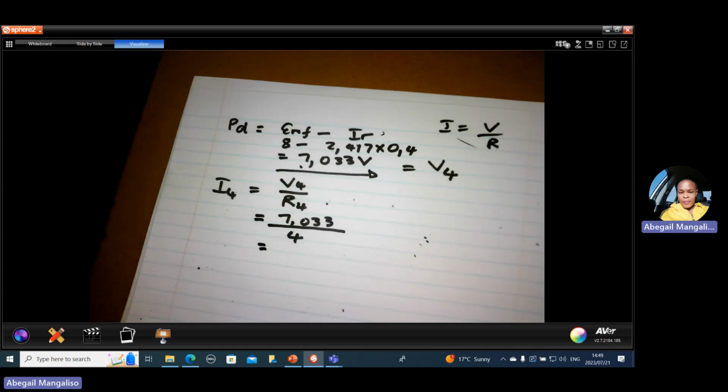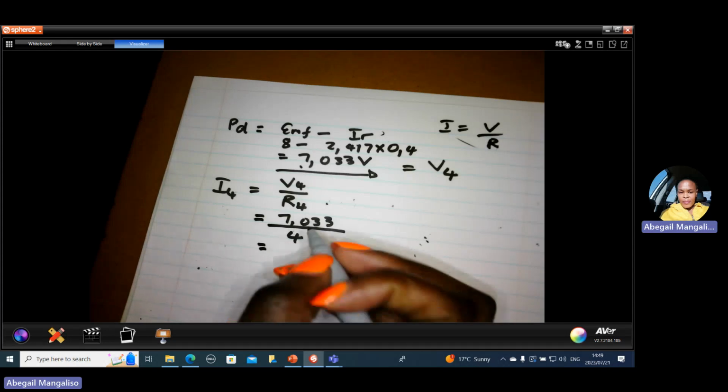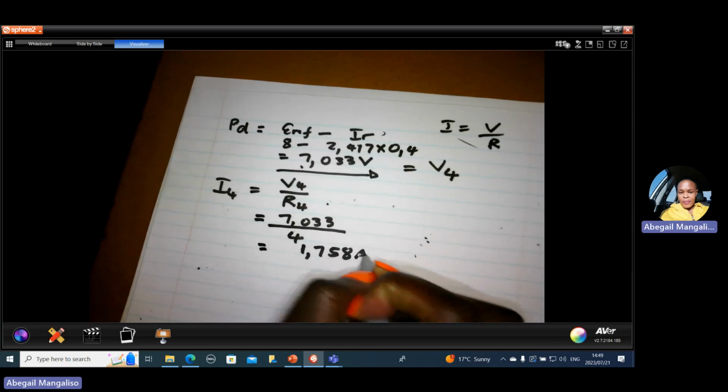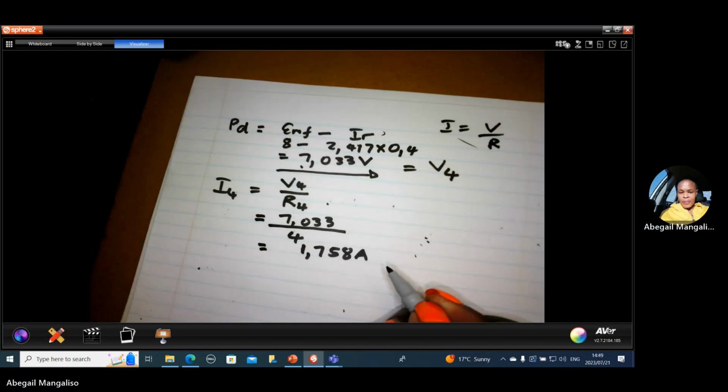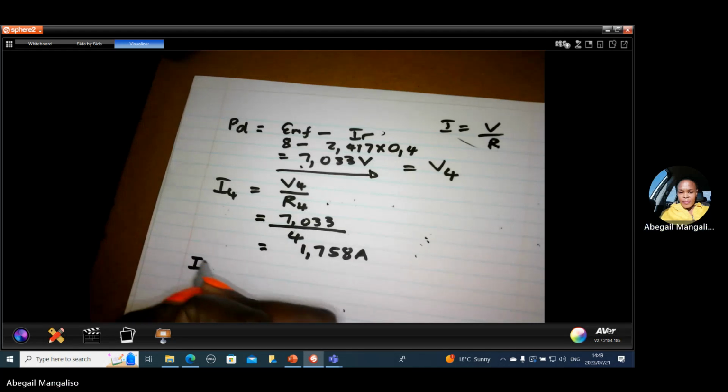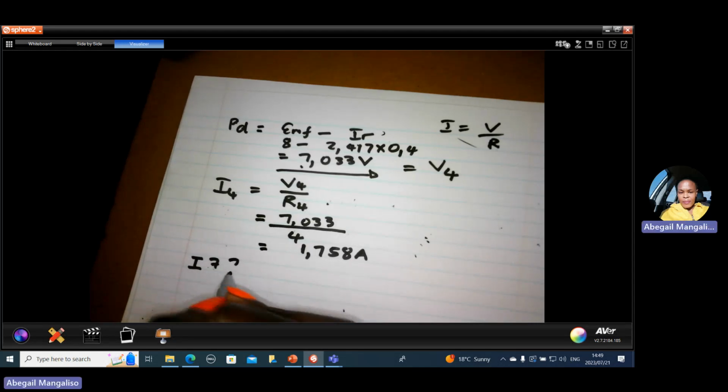I divide the last answer by 4. It's 1.758, 1.758 amps. Now that there is I4, we can get I7. I7 will be equal to what?